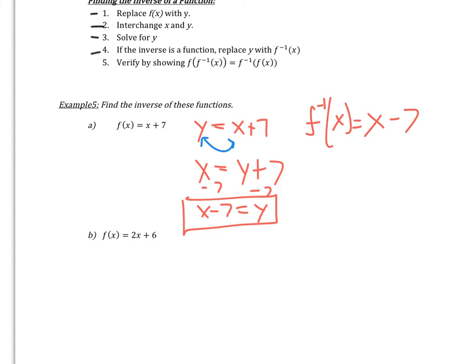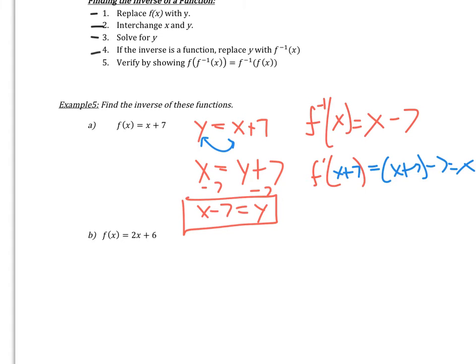Okay? And we can compose them to check this out. Let's see, what is f inverse of f of x, which is x plus 7. Okay, and so we just get x plus 7 minus 7, which is x.